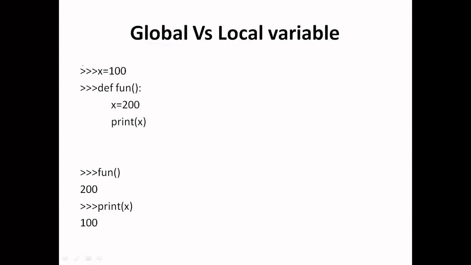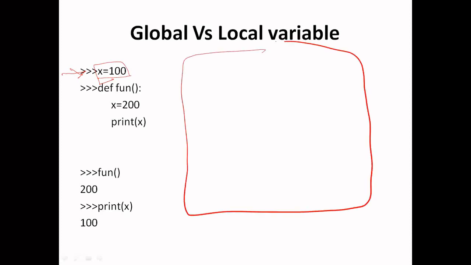So when this program is run, as soon as the control comes to this point, here we have variable x which has value 100. So a global namespace will be created, and inside this global namespace, an object having the value 100 will be bound to the variable x.